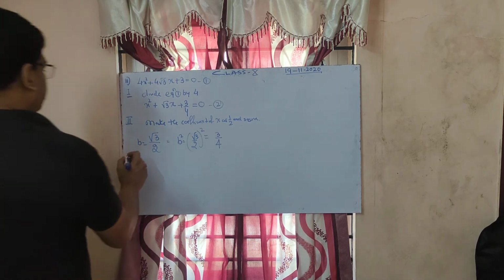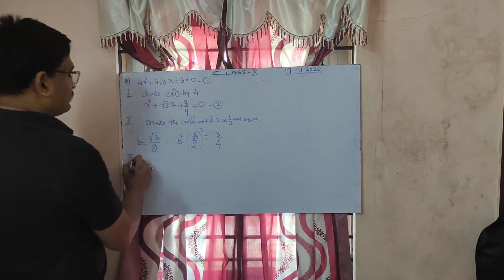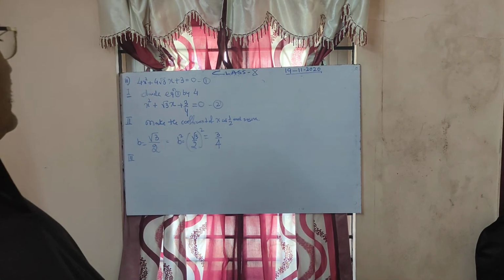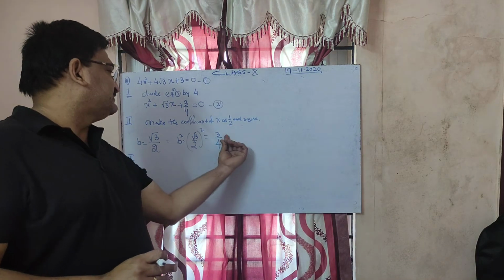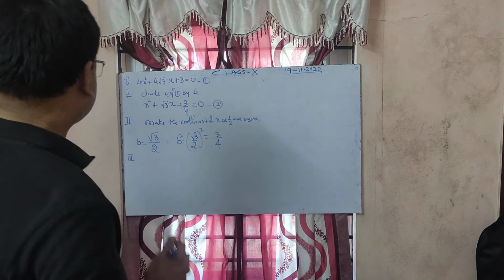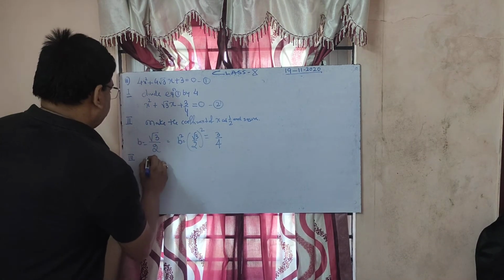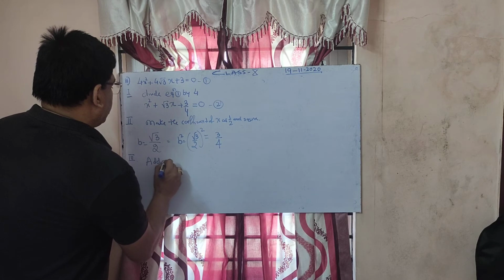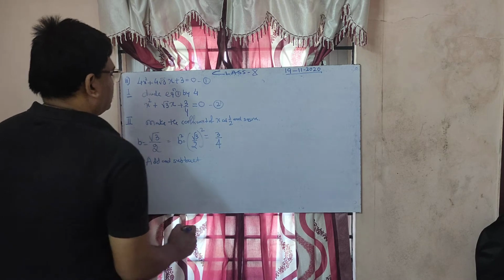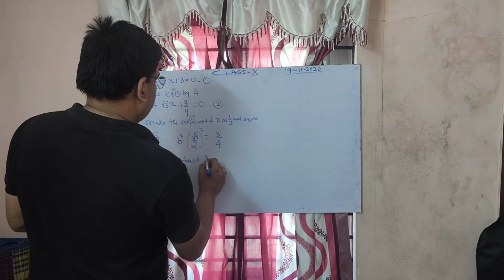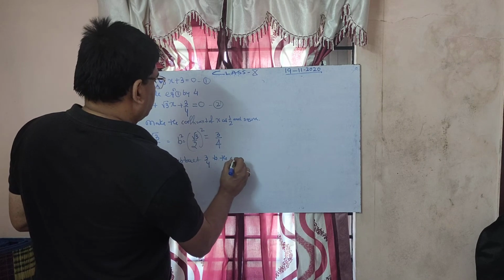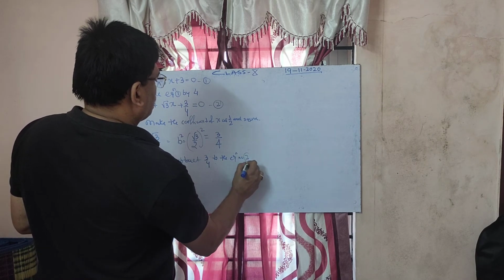What is the third step? Add and subtract 3 upon 4 to the equation number 2.